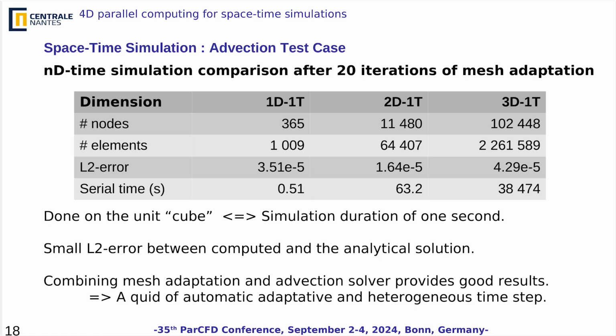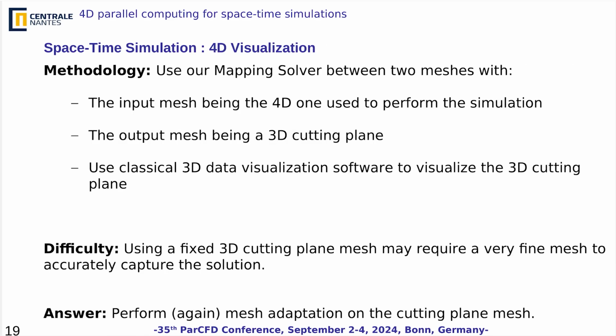But how to visualize this result in 4D? That could be quite challenging. What we have used right now is we have also developed a mapping solver to map some field between two meshes, because we remesh, so we have to map the original field onto the new mesh. And we use these tools to do that.